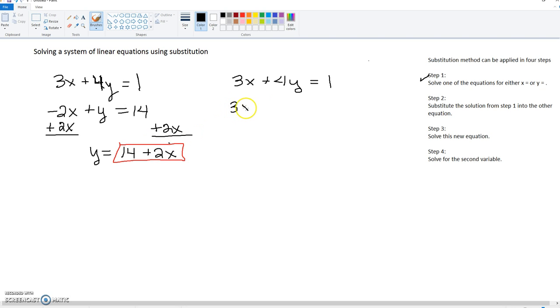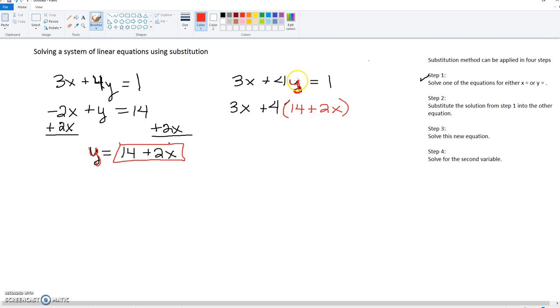So for example, I'm going to rewrite our 3x plus 4, that doesn't change, but I'm going to put, and I'll even put it in color for you, parentheses, 14 plus 2x, because we are replacing this y with what we found that y equaled.